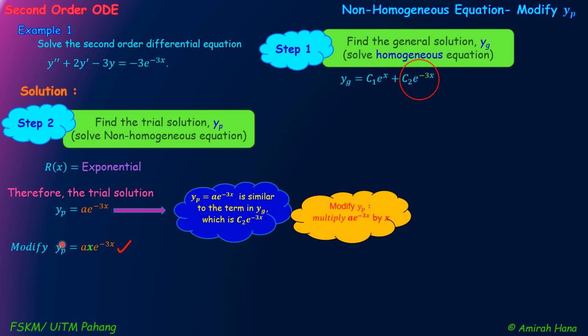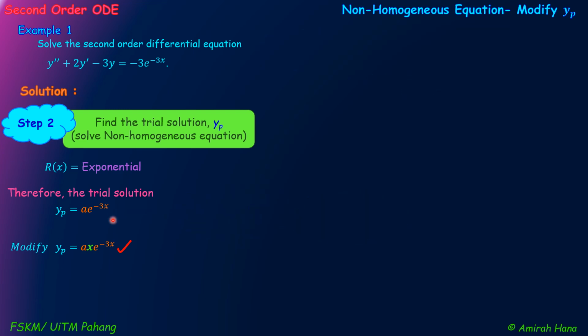Alright, so at this point, we need to find yp prime and yp double prime using this modified yp, right? I repeat again, we do not use the old yp anymore, right? Now we use modified yp to find yp prime and yp double prime.